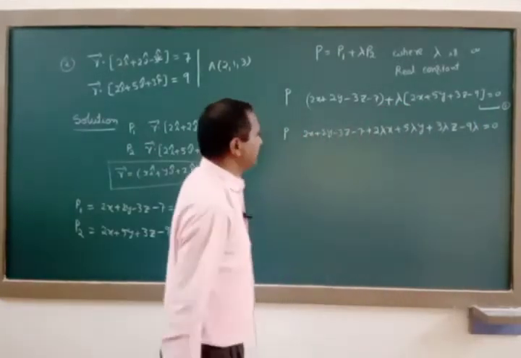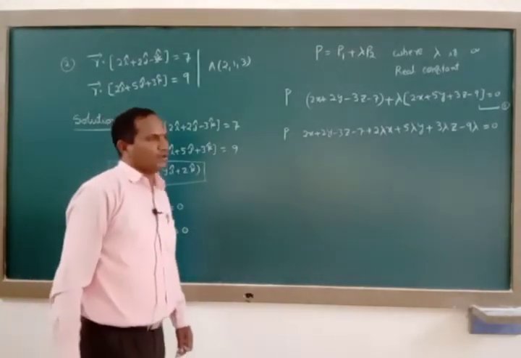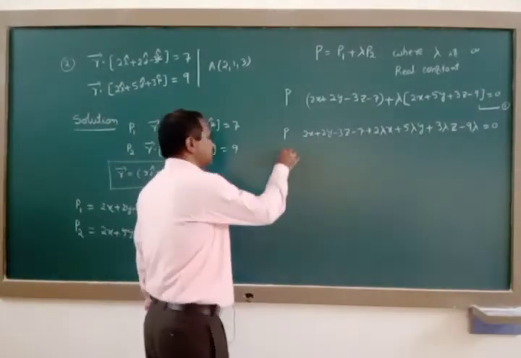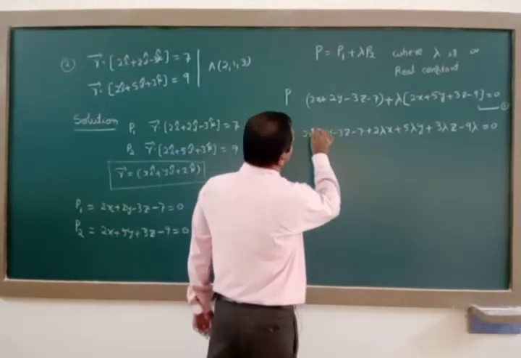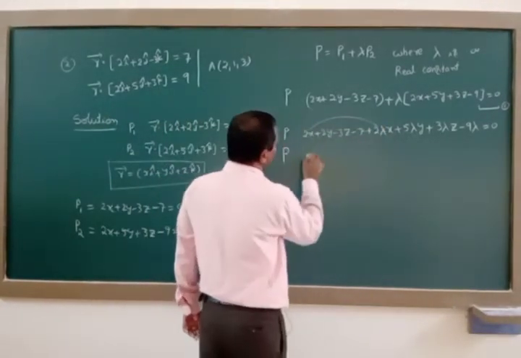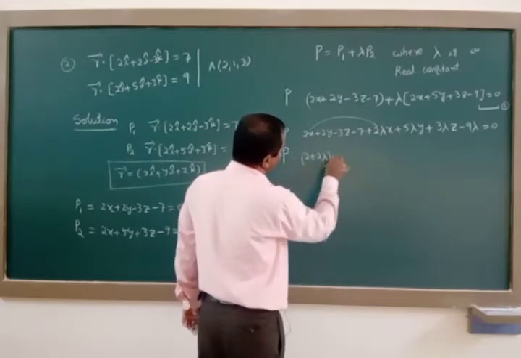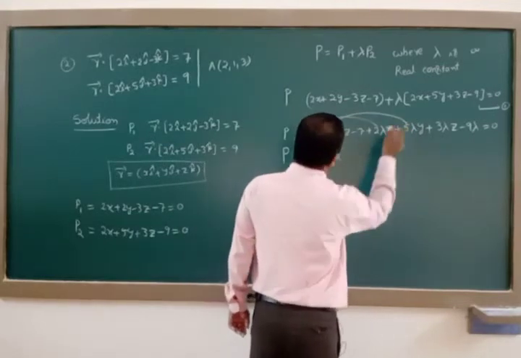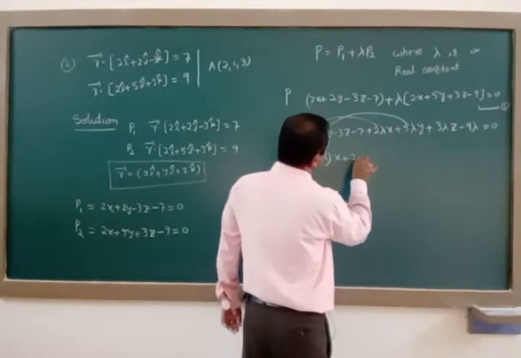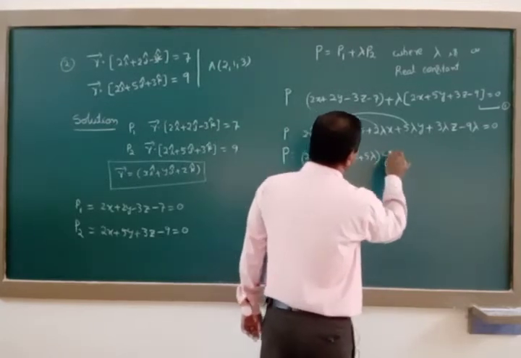Now afterwards take x common, y common, z common, and the remaining are considered constants. Taking x common from these two, we get 2 plus 2 lambda of x. Next take y common, we get 2 plus 5 lambda of y.